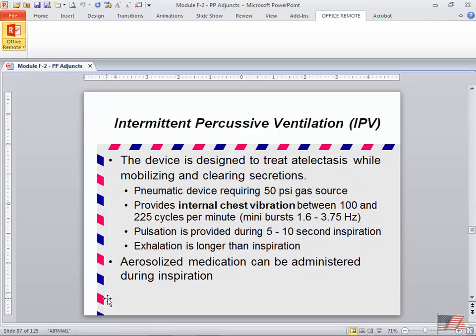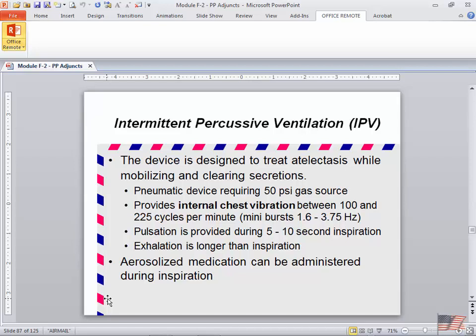All right. Another idea. Let's not worry about this external stuff. Let's go ahead and actually apply some vibrational therapy directly to the airways. The first one I want you to recognize is the intermittent percussive ventilation. Again, it's designed for the same exact thing, mobilize secretions, reduce atelectasis.